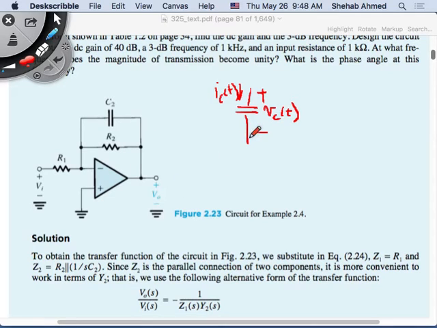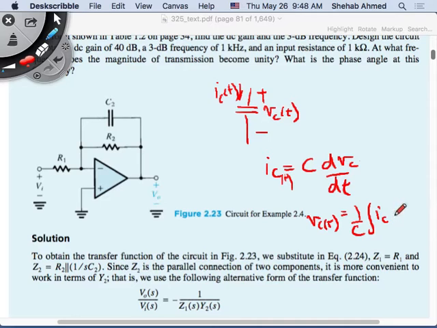The capacitor accumulates the current, the charge, and correspondingly creates a voltage. So IC equals C dVc by dt, or Vc of t is equal to 1 over C integral of IC dt.